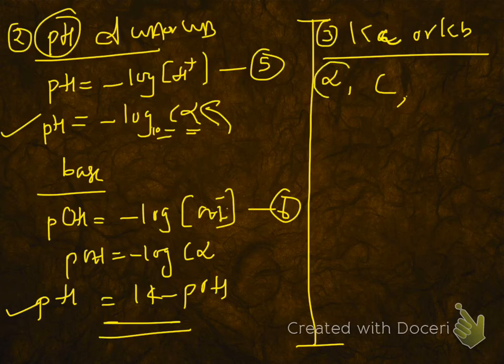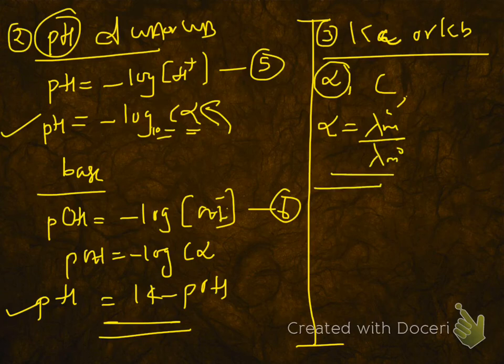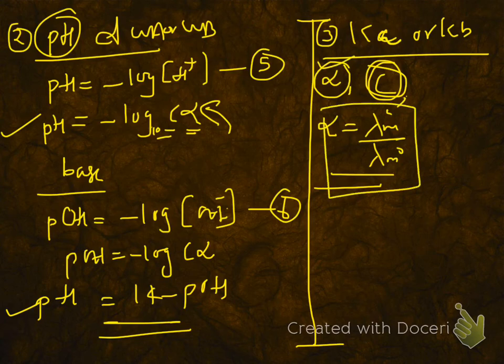Applying Kohlrausch's law, alpha equal to lambda mc by lambda m0. So if you have a solution of known concentration, you can calculate alpha using this equation by measuring lambda m.